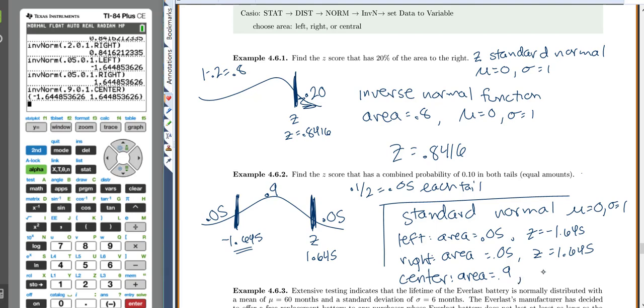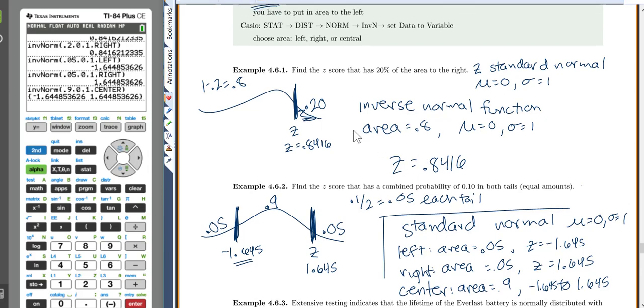So it tells you that we're from negative 1.65 to 1.645. So again, it's nice that this version lets you find either left, right, or middle. Okay. Some of the versions won't, and so you'll have to use these tricks to find it.